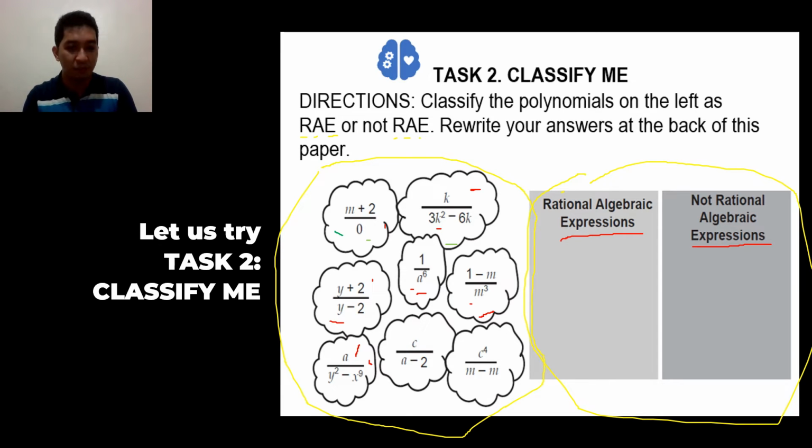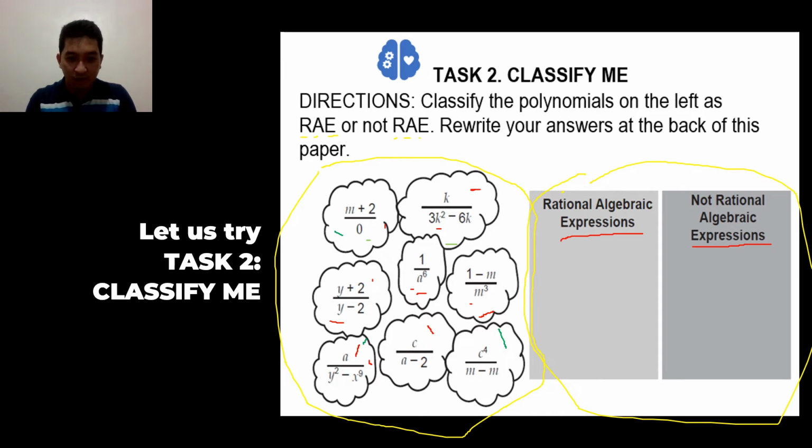So, alam nyo na yon. Next, c over a minus 2. Madali na yan. And then the last one, c raised to negative 4 over m minus m. Obvious na to. M minus m, what's the answer? 0. Nasaan siya? Denominator. Nako, patay. Alam nyo na yan.